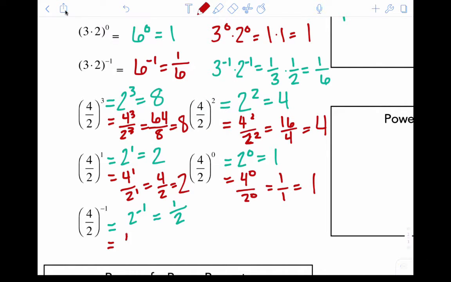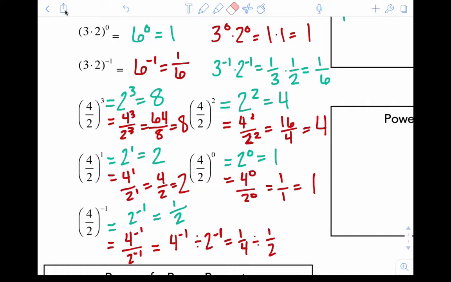Now if I were to distribute first, I'd get 4 to the negative first over 2 to the negative first. Well, what's happening here, this is a fraction, which is the same as division. So I'm going to write 4 to the negative first divided by 2 to the negative first. 4 to the negative first is 1/4. 2 to the negative first is 1/2.